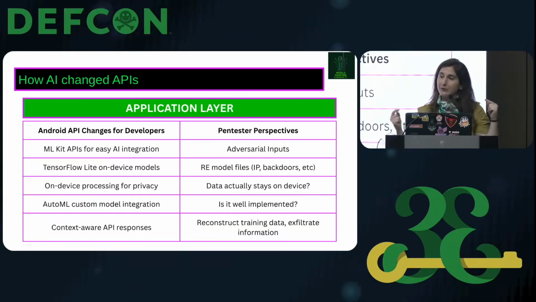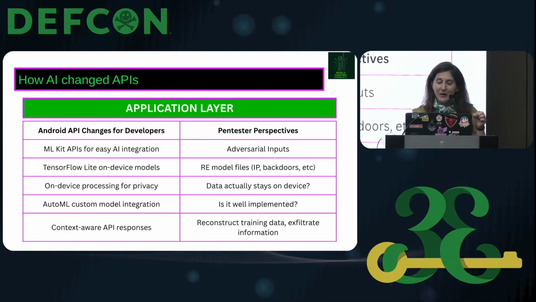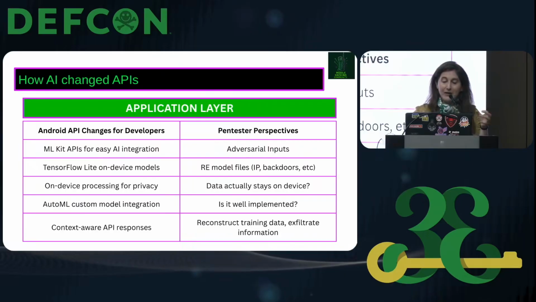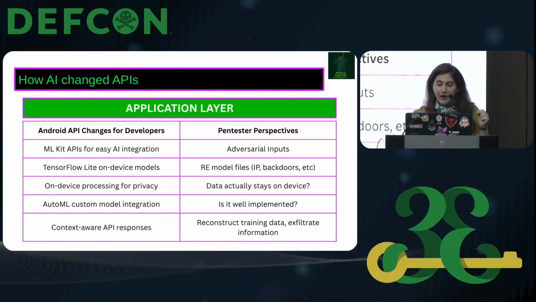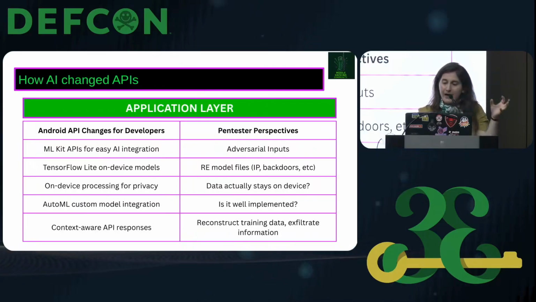So this is supposed to be better for privacy, because your photos and voice recordings are not supposed to leave your phone. Essentially, AI didn't just add new features to Android, it fundamentally changed how the whole AI API ecosystem works.